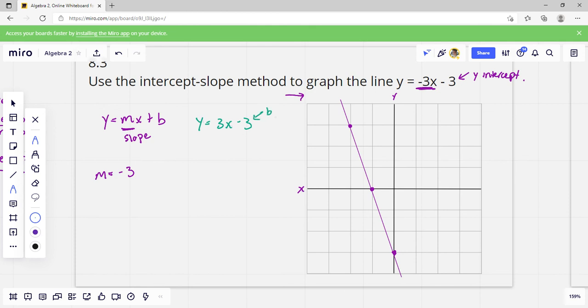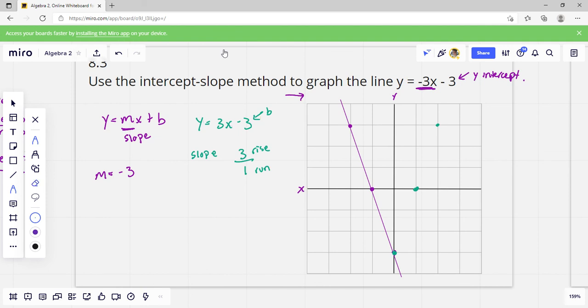That's our b. So that's still going to be negative 3. So that'll be that same dot. But our slope would be positive 3. And that would be 3 over 1 if we turn that into a fraction. That's our rise over our run. So we would go up 3 and over 1 to the right.